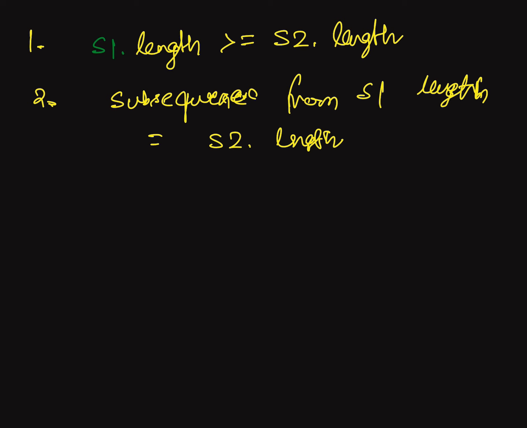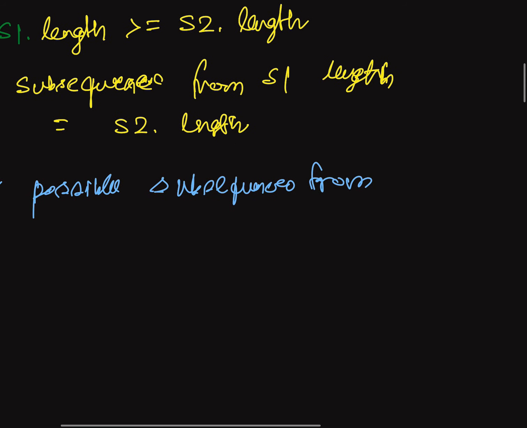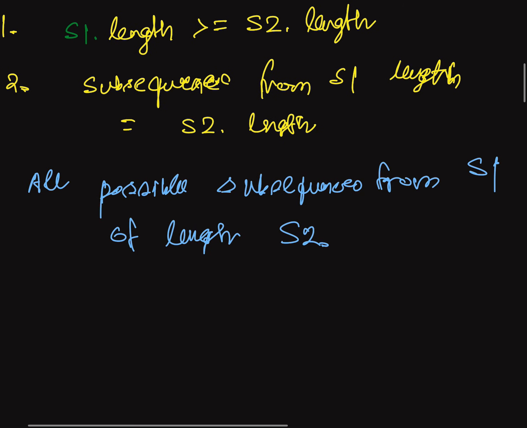First of all, generate all possible subsequences from string 1 of length string 2's length, because the subsequence from string 1 will have a length equal to the length of string 2.